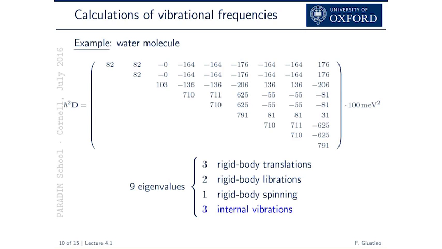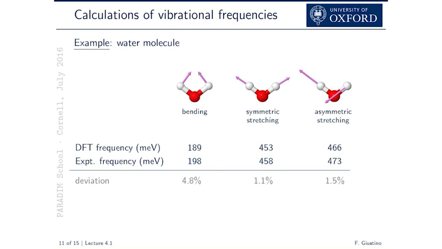So the molecule can do something like that or something like that. Okay. So these are not vibrations. You can always choose a reference frame where that doesn't happen. And then there is one mode which is spinning. So you can actually have the molecule spinning around. Okay. So that is also not a vibration. So there are actually only 3 modes, which are the internal vibrations of the molecule. Okay. So we need to look for 3 eigenvalues and 3 eigenmodes.